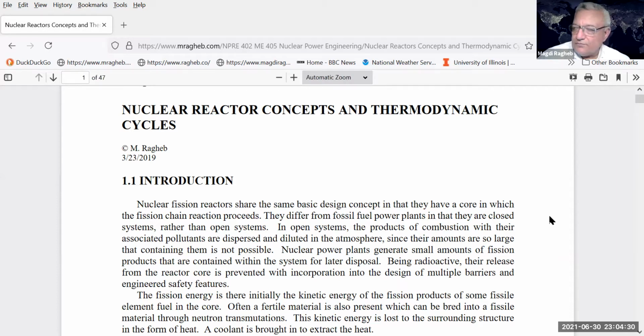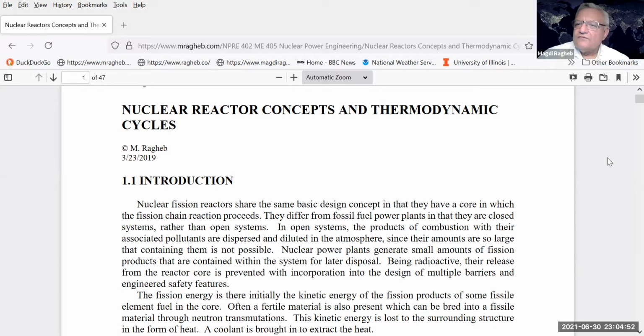The Chicago Pile Number 1 had graphite, which is carbon-12, the isotope of carbon, as a moderator, and that helps reduce the energy of the neutron from the 2 million electron volts at which they are born in the fission process, all the way to a thermal equilibrium with the moderator medium.